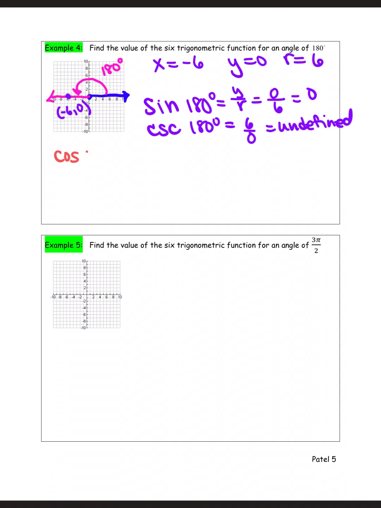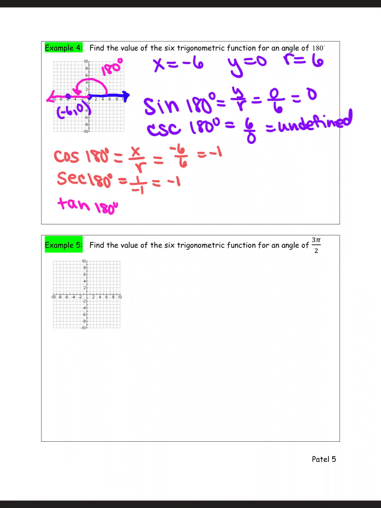Cosine of 180 degrees is equal to x over r, so x is negative 6, r is 6, which is negative 1. Therefore, secant of 180 degrees is the reciprocal of cosine of 180 degrees, which was negative 1. So the reciprocal of negative 1 would be 1 over negative 1, which is still negative 1.